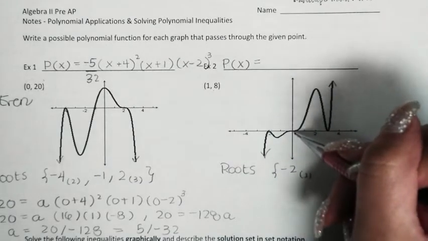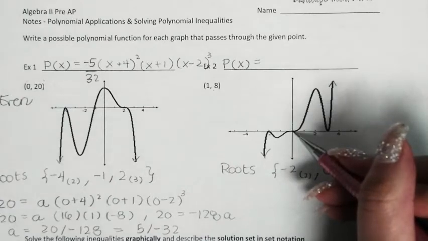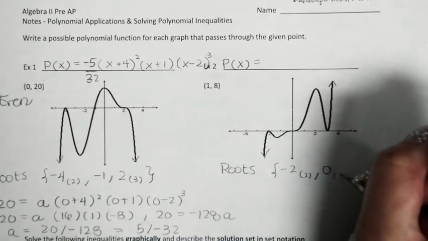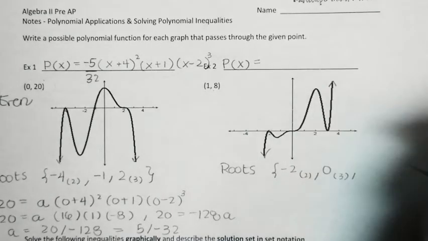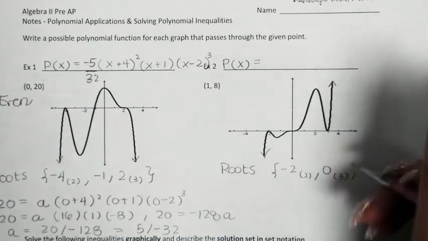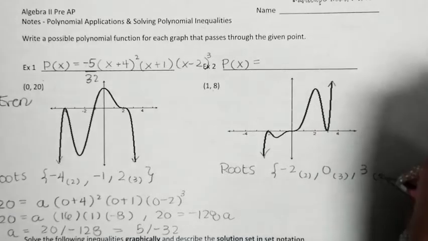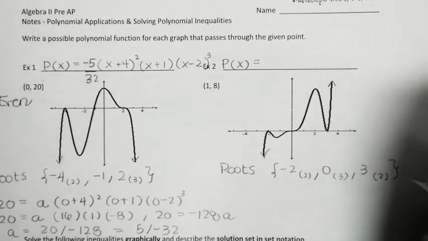Over here, you have that 0 is going to be having another multiplicity. In this case, it looks like a snake, so I'm going to do multiplicity 3. Another root is going to be here, at 3, but please note that it's bouncing. So it's bouncing, therefore it's multiplicity 2.